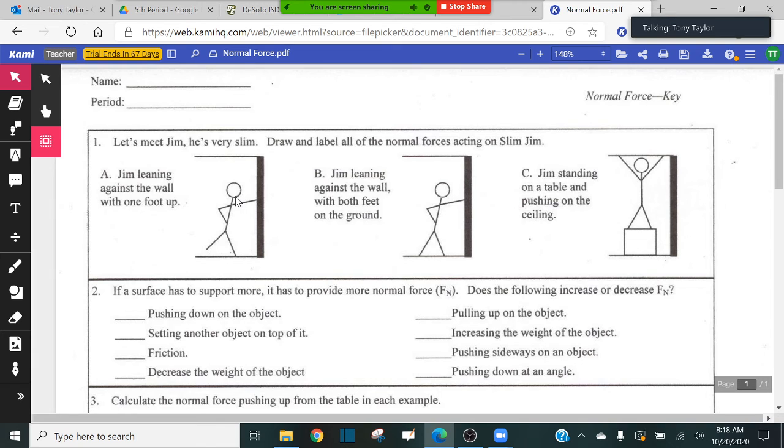Remember, guys, in order to know where your normal force is, you want to look for your surfaces of contact. Notice there's two surfaces of contact here because Jim is leaning against the wall with one foot up. There's a surface of contact here, and also a surface of contact here. So that means there should be two normal forces acting on Jim.